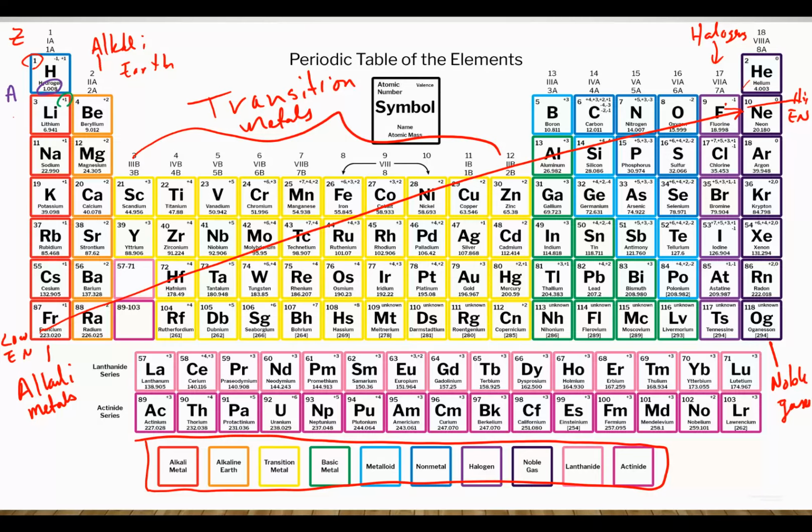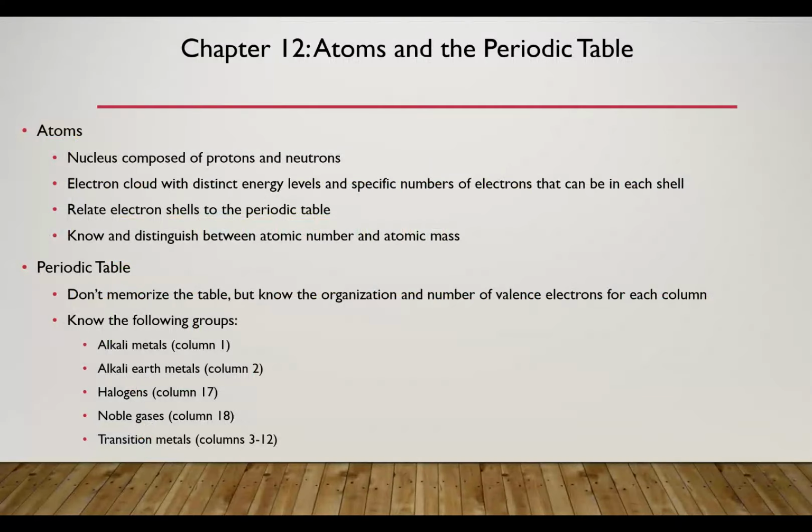If it's a +1, then it is happy to give up 1 electron. Notice hydrogen +1 or -1 is happy to take an extra electron or to give up an electron. Beryllium +2, it's happy to give up 2 electrons, and so on as you go along. Oxygen a -2, it wants to grab 2 electrons. Okay, enough on the periodic table.